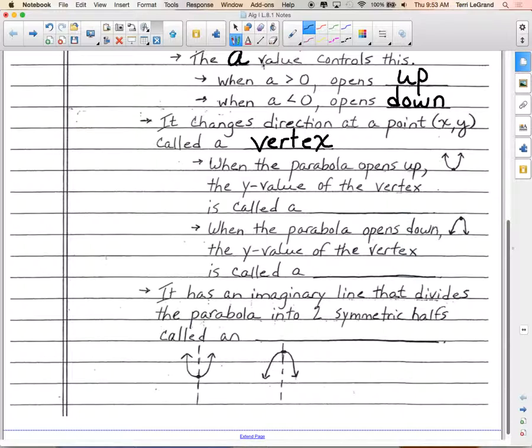Can you find the vertex in the table? That's true where the vertex is in the table. Look on your homework. It's usually either the highest or the lowest. It's either the smallest y value or the biggest y value. And it's the only one that doesn't have a repeat y value, isn't it?